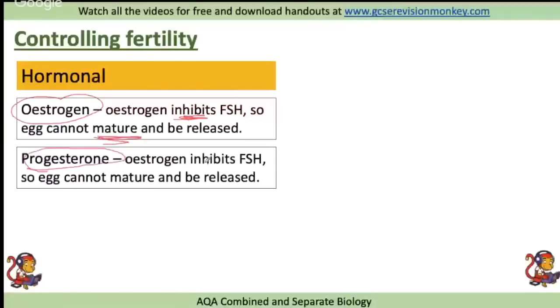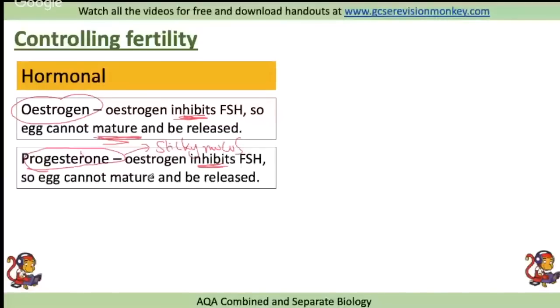That inhibits FSH, so the egg again can't mature and be released. Both of those are hormones that can be used. Now, the progesterone also causes a sticky mucus just in front of the cervix to prevent any sperm from reaching the egg. So the progesterone does two things.